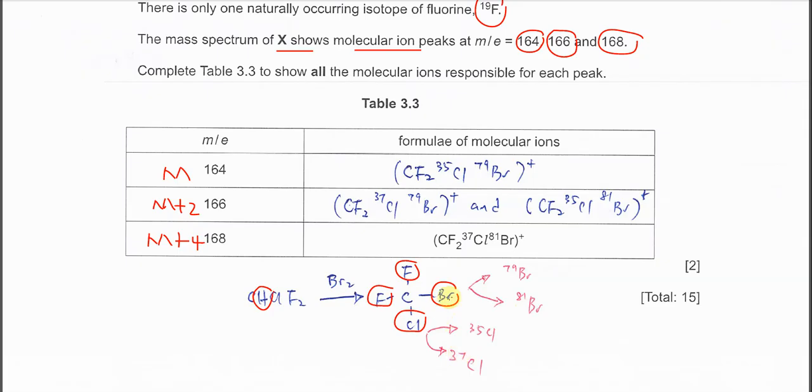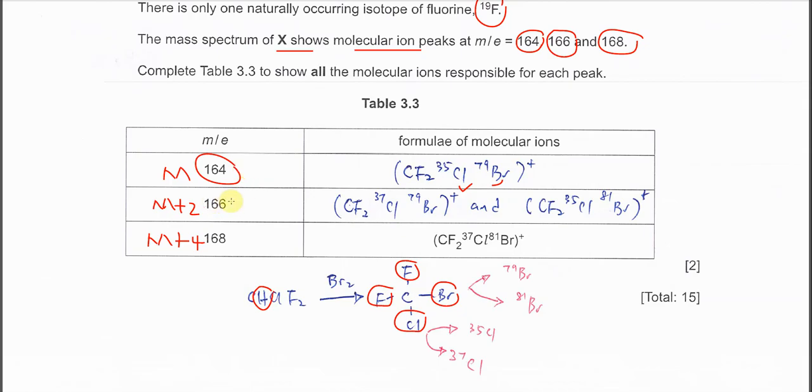So it is going to have different combinations. 164 is the lowest mass among these, meaning the chlorine and bromine must be the lower mass isotopes. So it's going to be CF2 chlorine 35 and bromine 79. This one will give m/e 164.